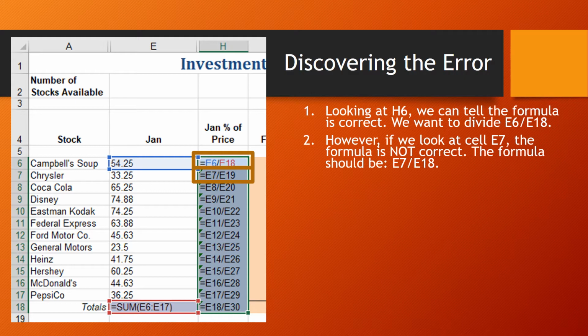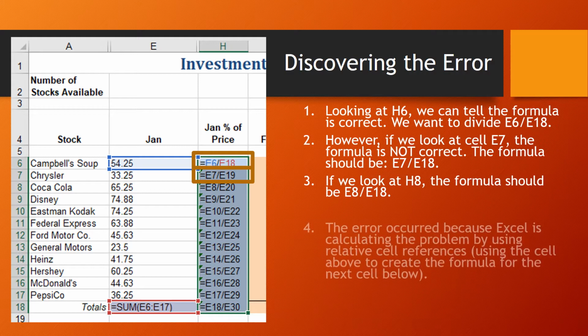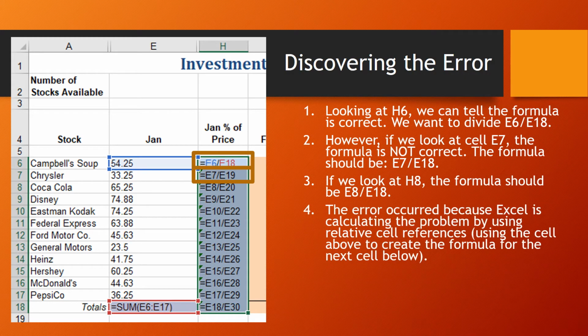If we look at cell E7, the formula is not correct. The formula should be E7 divided by E18. If we look at H8, the formula should be E8 divided by E18. Instead, it's E7 divided by E19.